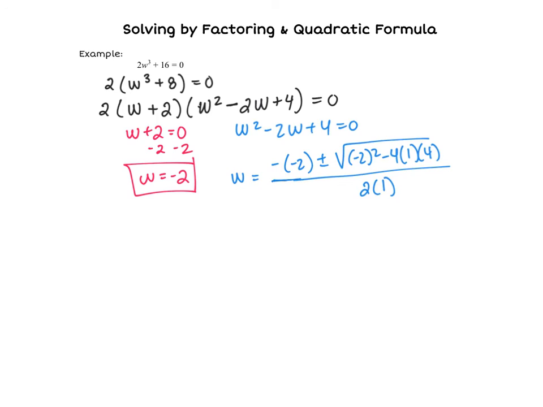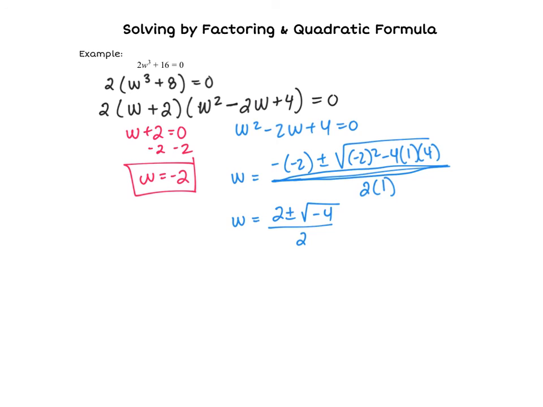And be careful that your fraction extends over all of that. So now we simplify and we have w equals 2 plus or minus square root of negative 4 over 2.